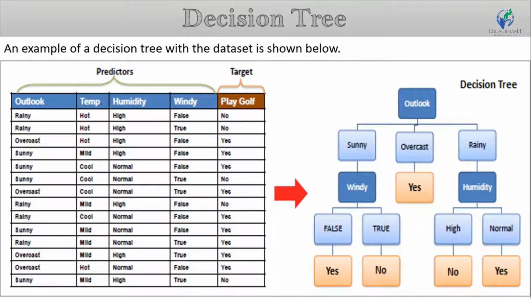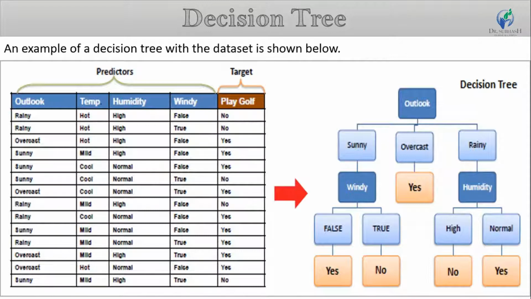So, our main class is outlook that includes different attributes like sunny, overcast, and rainy. The second label is temperature that includes hot, mild, and cool characteristics.